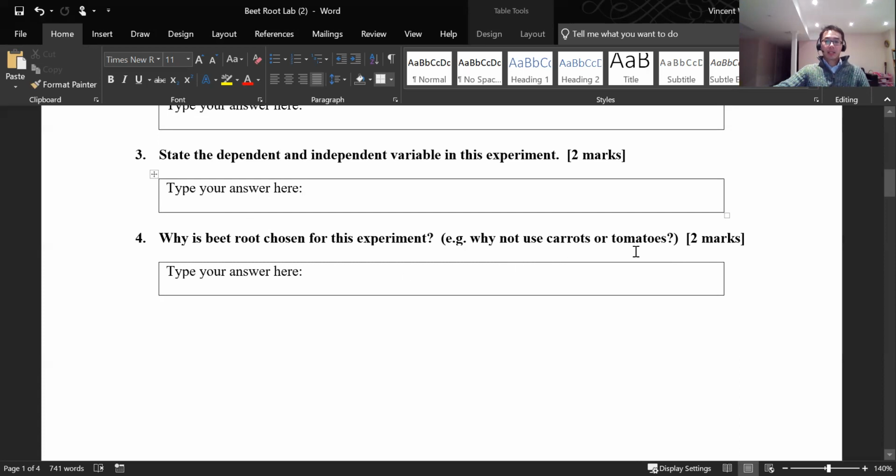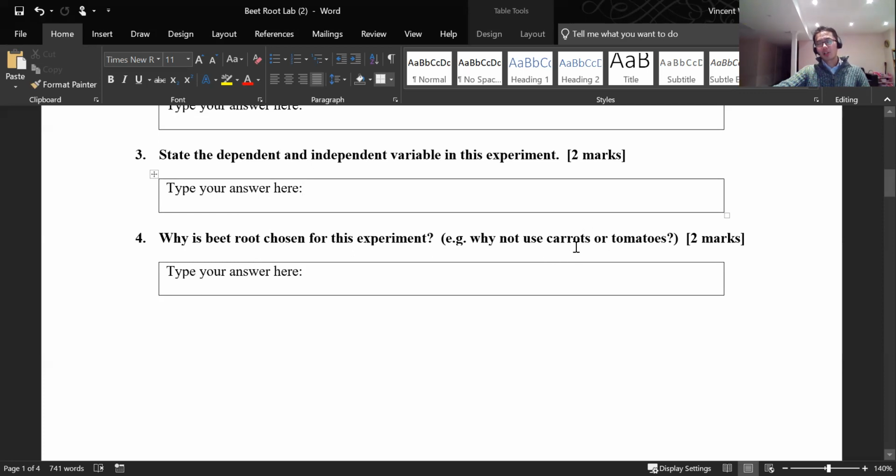The carrot and the tomato do have their pigments, but it's not going to produce that rich color that is going to be detectable easily, certainly not by eyes. And if you use a machine, the difference is going to be quite subtle, not able to create a sharp difference. And number two, if you think about cutting the beetroots, it's going to be easier to cut the beetroot into uniform shape than you will be able to do for carrot.